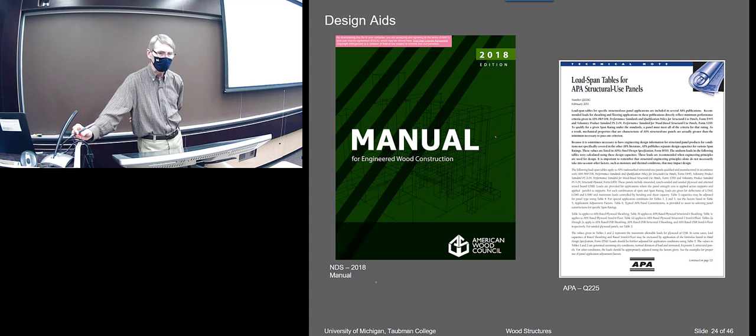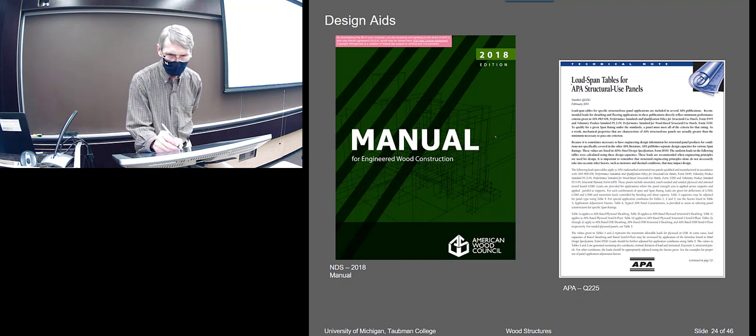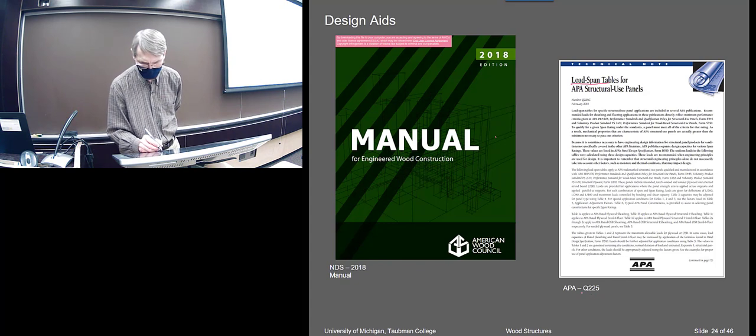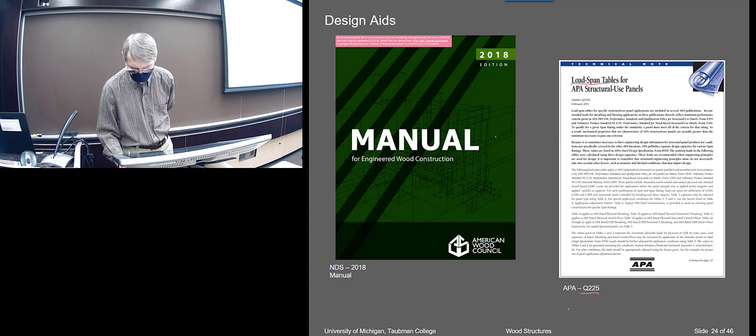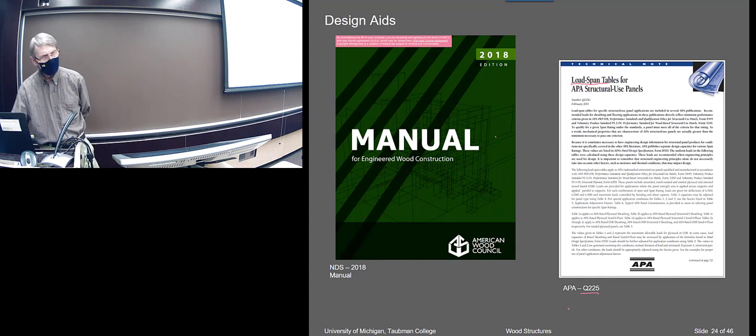So these are tables that the American Wood Council provides. And, right, so there's some good tables in that. This has almost more load span tables. It's a whole document that's just tables. I don't think it's that long, but it has quite a good bit of information in it.